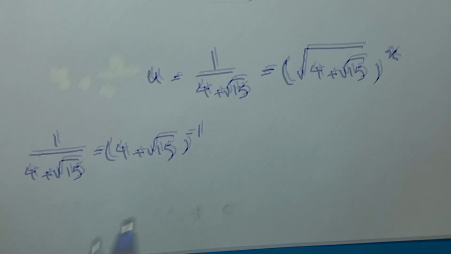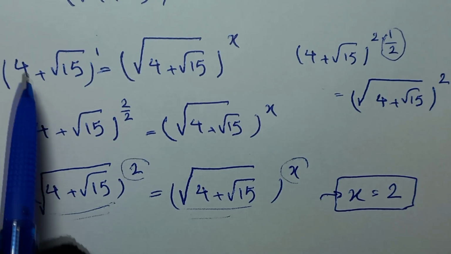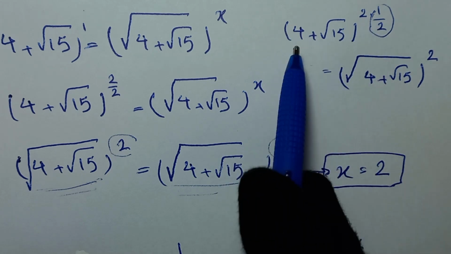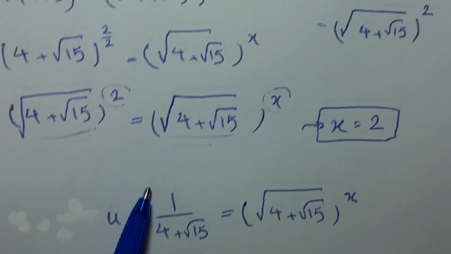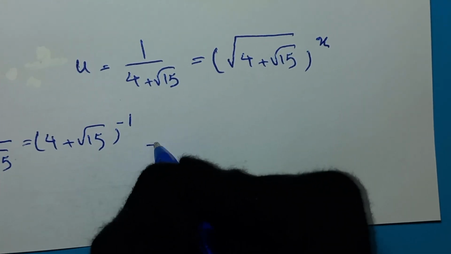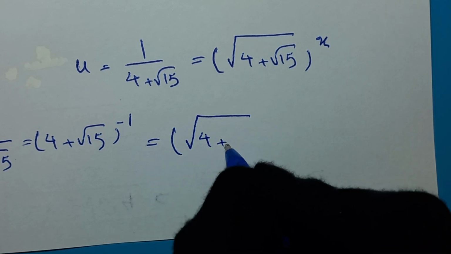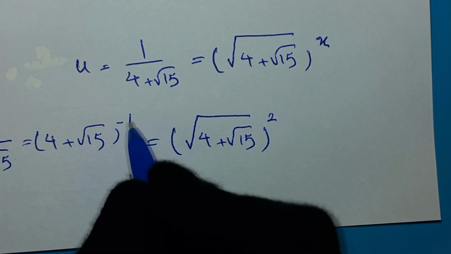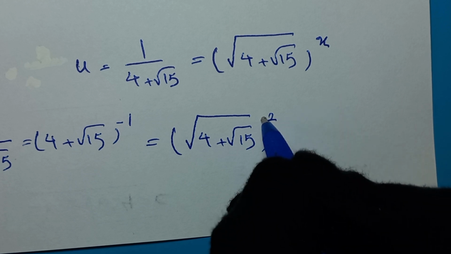Okay? And from here, we find that 4 plus square root of 15 to the power of 1, from this way, is equal to square root of 4 plus square root of 15 to the power of 2. So we write this as square root of 4 plus square root of 15 to the power of 2, and to the power of this negative 1, so this negative 1 will multiply by this 2, it will be negative 2.